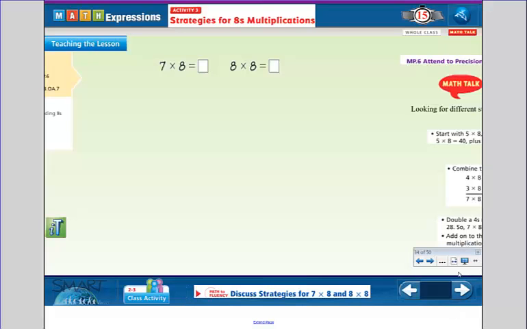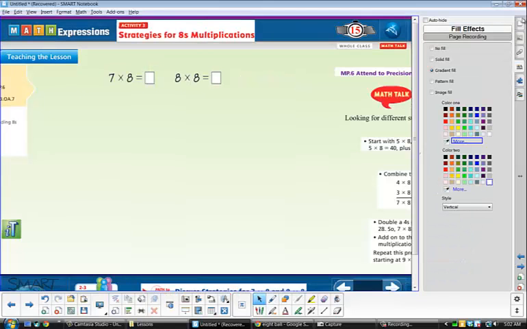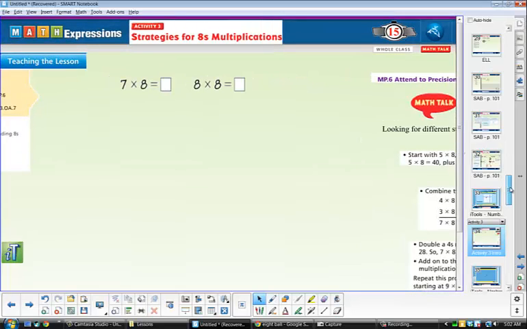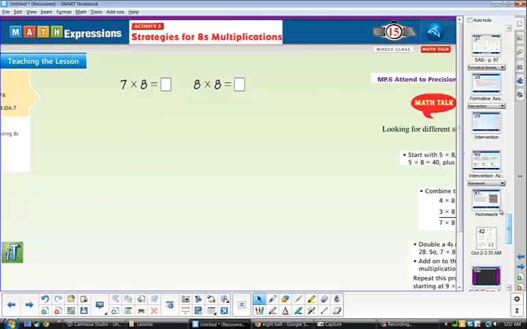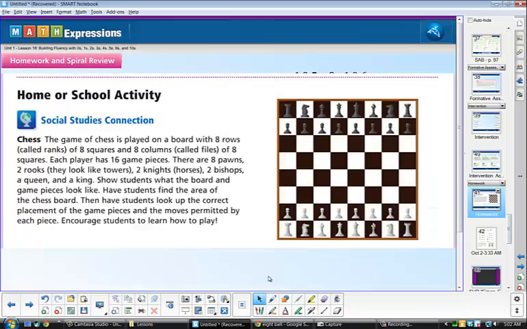We're going to go to the very end so you guys can see your homework. And right here. One of the things you can do is play chess. If you notice, there are 8 by 8. How many squares are on a chessboard? That should be a bonus question.